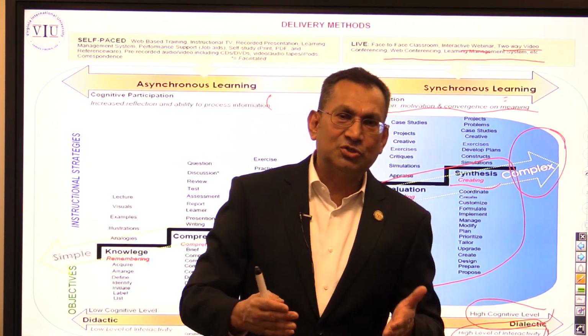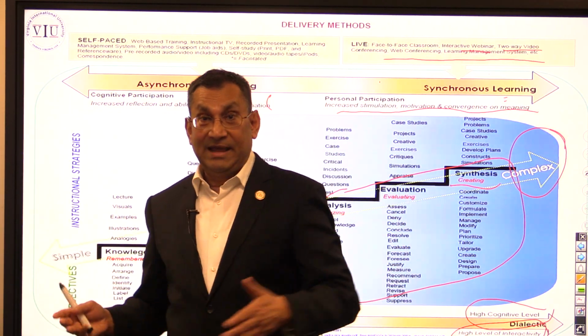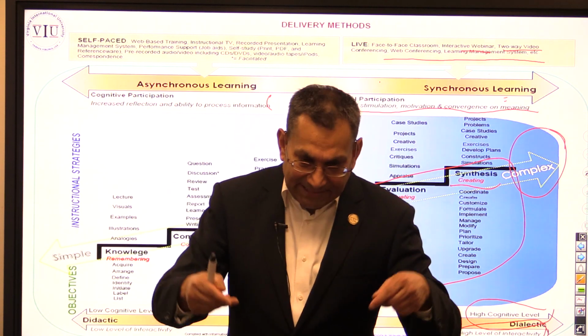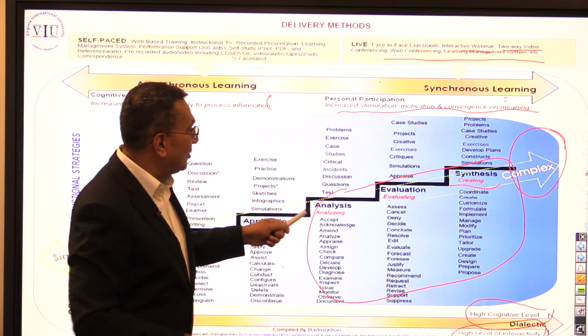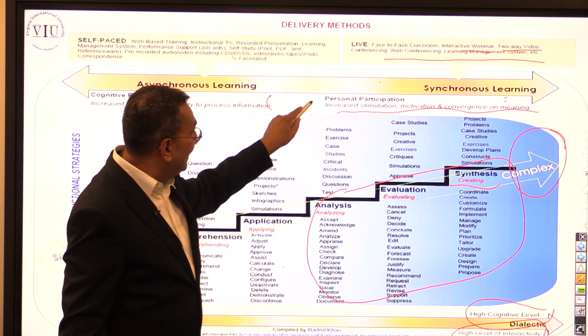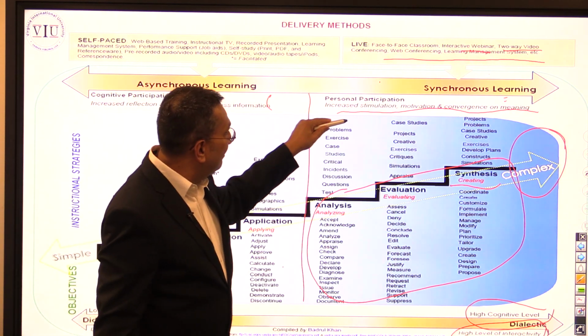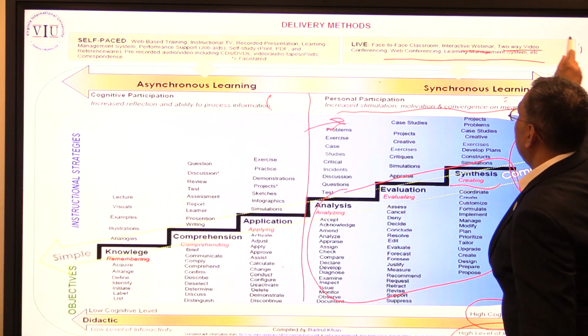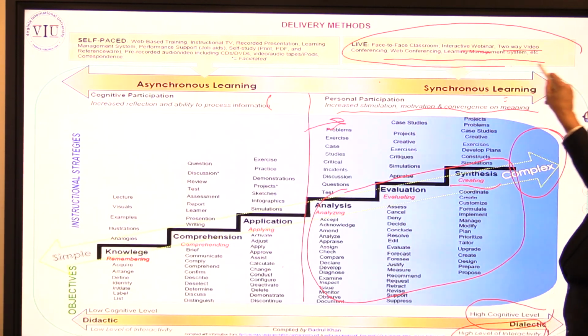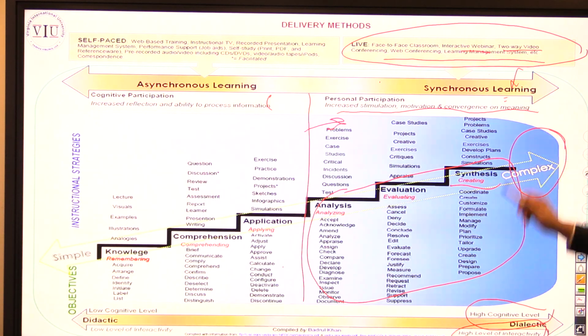The video of surgery they can watch early on, but the actual doing in action, they have to be present live. So similarly, you see on Bloom's taxonomy, anything on the complex side, you have to have interactively in the live situation, synchronous. You see?